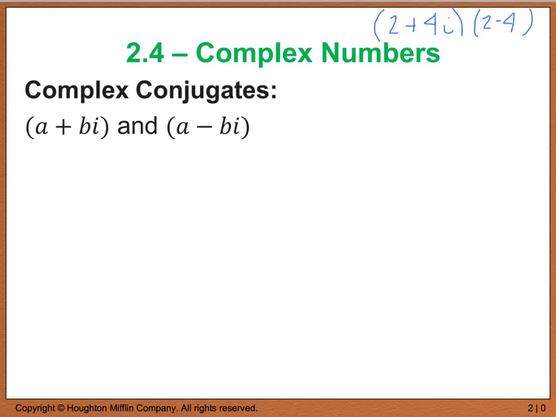They just differ by the plus and the minus. So a complex conjugate will give you the same real terms, the same imaginary terms, but they differ by the plus and the minus in the middle. And this is useful because sometimes, like as you'll see here in a second, once we multiply these two together, we're actually going to cancel out that middle term, which gives us the imaginary piece, and our final product then will consist of just a real number.